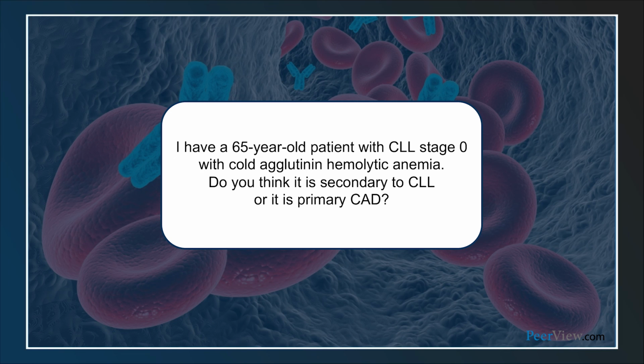Again, if this is a so-called CLL, with only a CLL lymphoma or SLL in the bone marrow, and the patient does not meet the hematological criteria for CLL, then I will question the diagnosis. Is it a CLL lymphoma, or is it a CAD-associated LPD? So it may be a primary CAD.